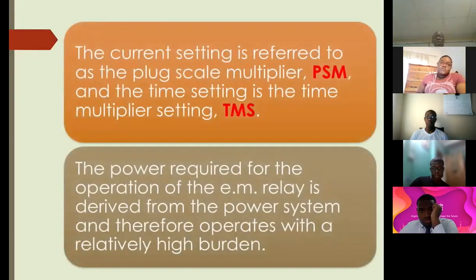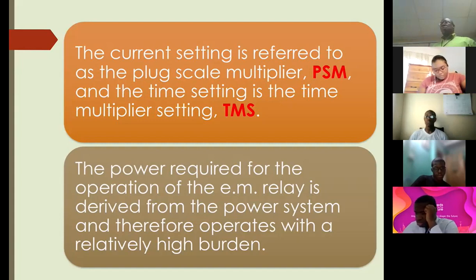So the basic principle, whether I'm using electromechanical or static relays, remains. I must be able to define the curve, and the curve is going to be defined for the electromechanical in terms of empirical data. Or, as we will see in a few minutes, well, we did say earlier, for the static, we define it using the curves, the equations.